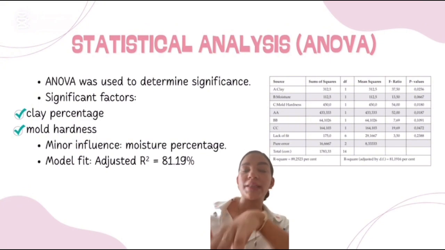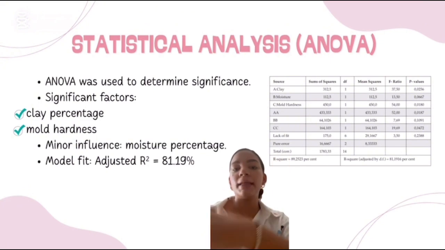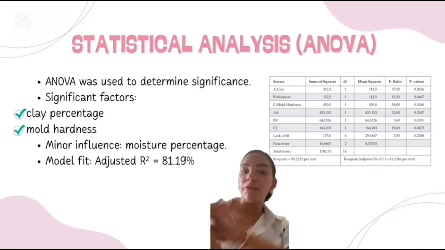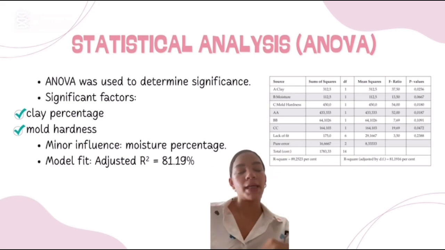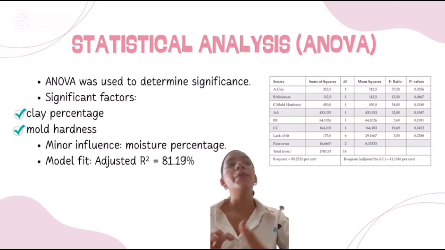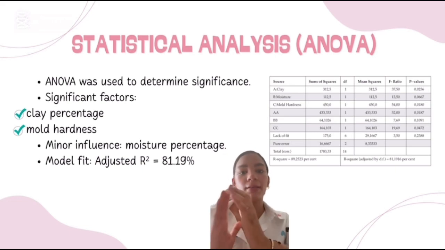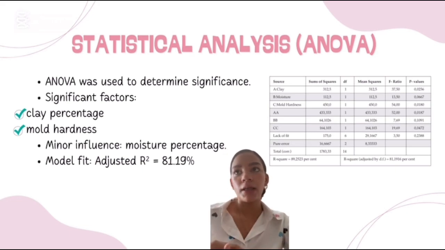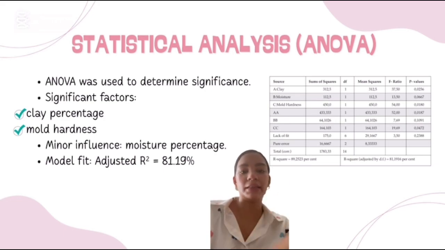The results shown in Table 3 indicate that the most influential factors were clay percent and mold hardness, both with p-values below 0.05. Moisture percentage, although included in the model, did not show a statistically significant influence on defects when considered independently.